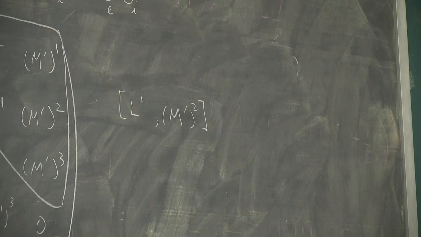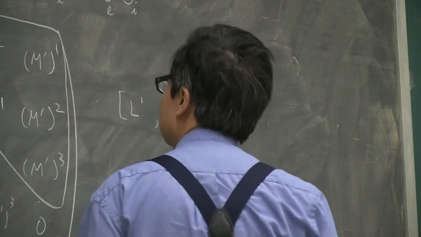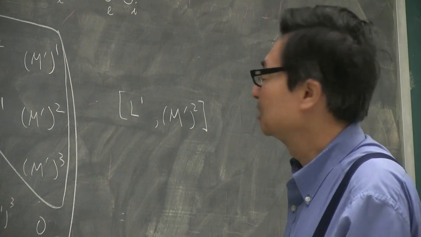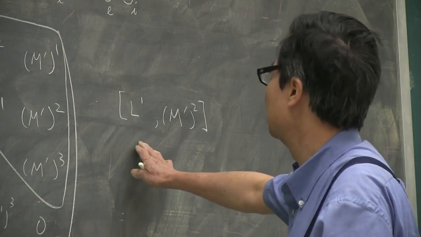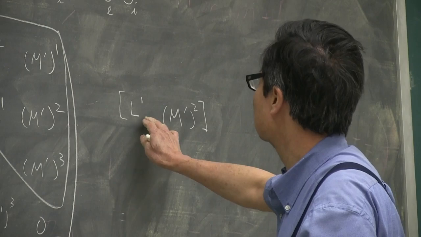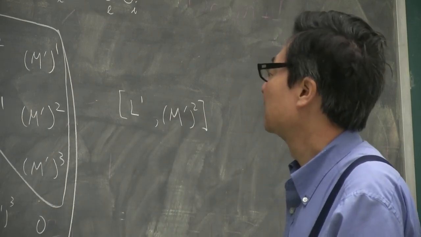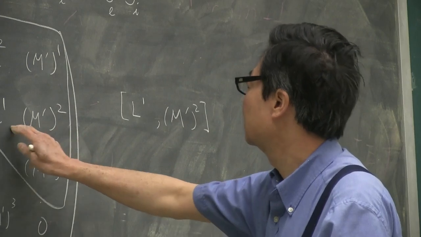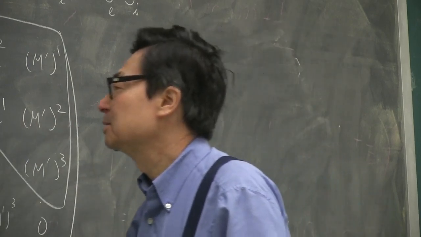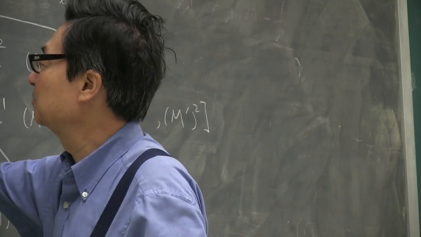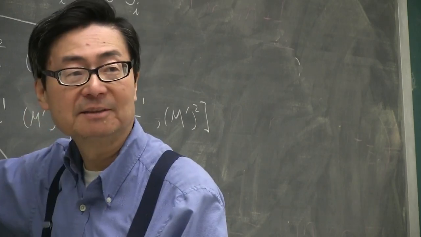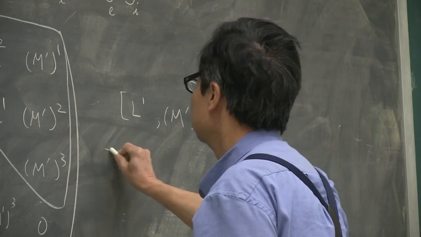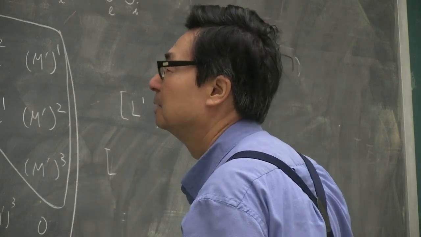Now help me out here because it's getting late in the day. Which two J's do we want to pick if I want to do L1 and M prime 2? So let's pick these two. Let me pick the commutator of J23 and J24, applied to the case when N is equal to 4.